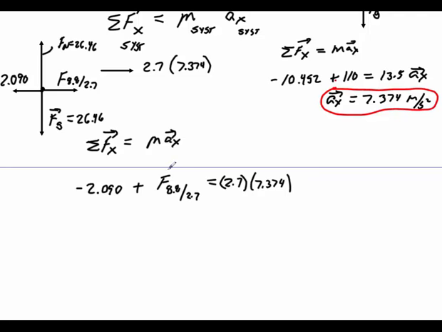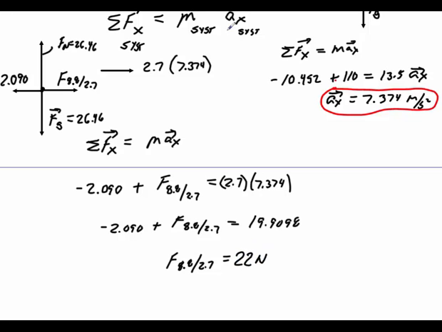Okay, run those numbers. Solve: the force of the 8.8 onto the 2.7 is equal to, and it becomes positive, so we add that. Gives me a value of about 22 newtons, 21.998. So we'll say 22 newtons. And that's it.